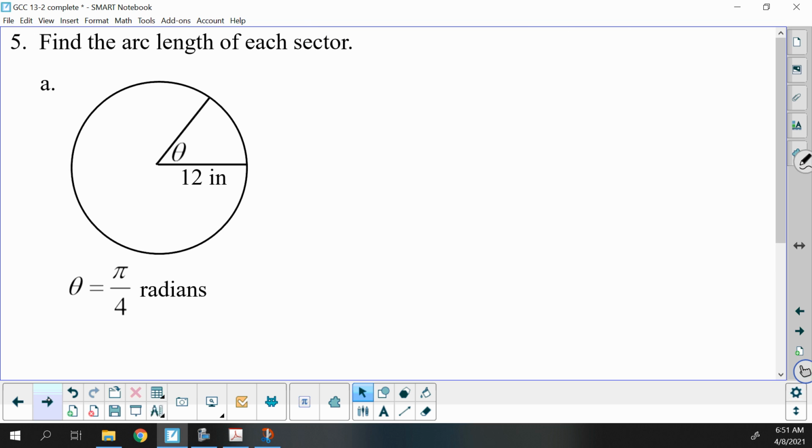So if we go over to page 12, again, if you're working with an angle in radians, your formula is just your angle in radians is equal to the arc length over the radius. Well, they tell us theta, our angle in radians, is pi over 4. So we're going to put pi over 4 on the left.